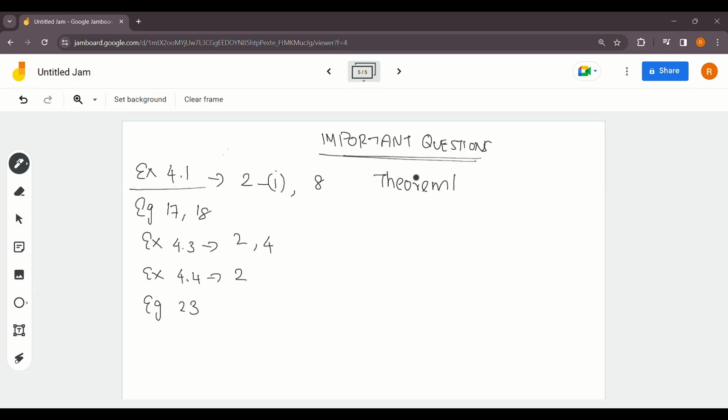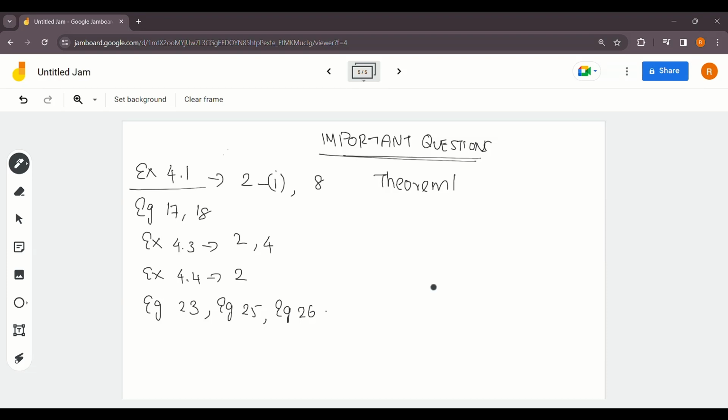Theorem 1 you will have to remember for 1 mark, and then this example 25. Example 25 is very important, and so is example 26. So 23, 25 and 26.